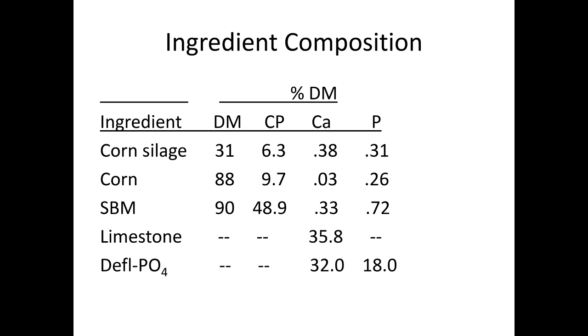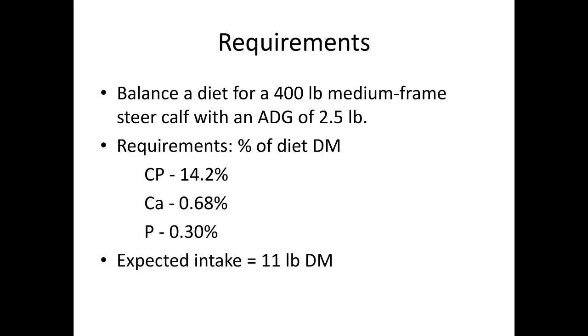Okay, so we made our ingredient composition table, which is step 1 for formulating the diet. Then our next step is to state the requirements of the animal. We've been told that we need to balance a diet for a 400-pound medium frame steer calf with an average daily gain of 2.5 pounds. The requirements are on a percent of diet basis, dry matter.